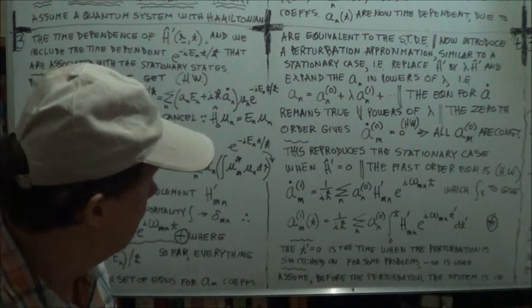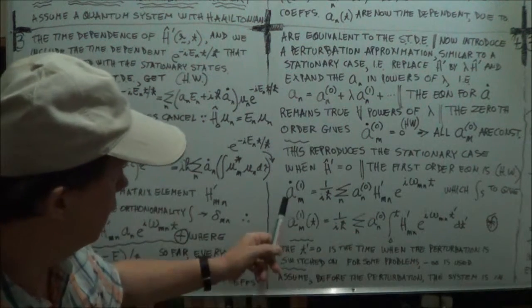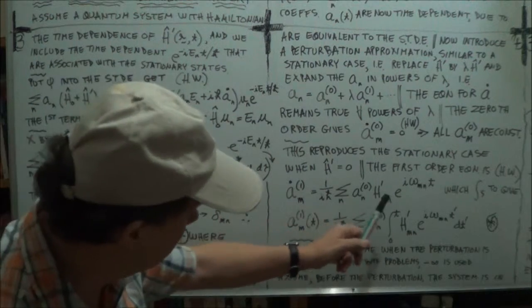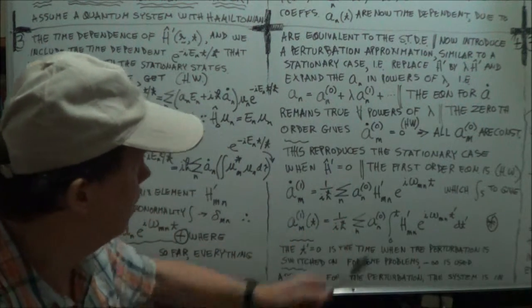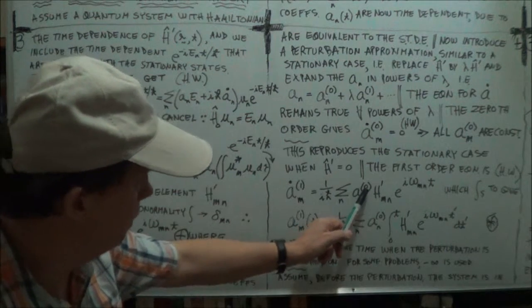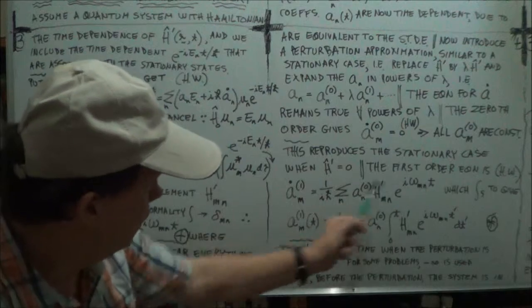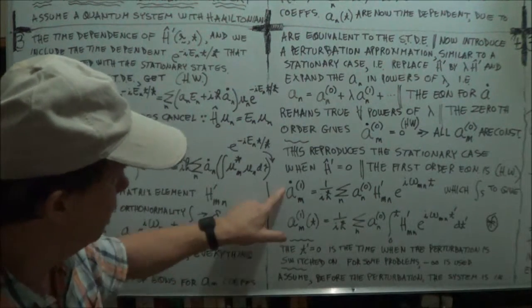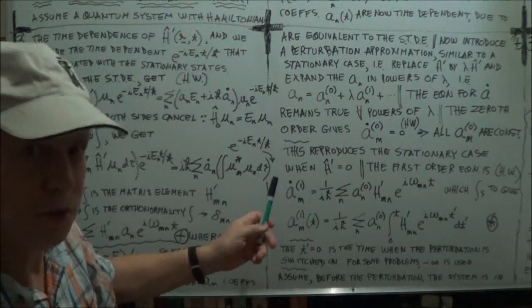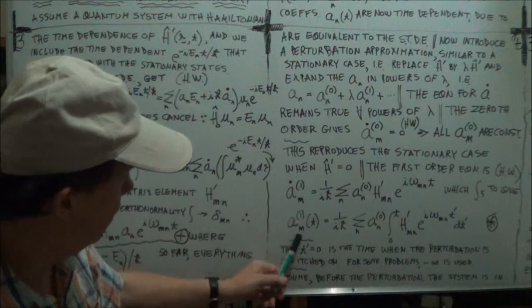So you get this. Now you have here a differential equation. dA by dt is something or other in terms of other A's, but these are 0th order A's, and this is 1. Okay, so integrate both sides. If you integrate the differential, these two cancel each other, so you're just left with a1m.